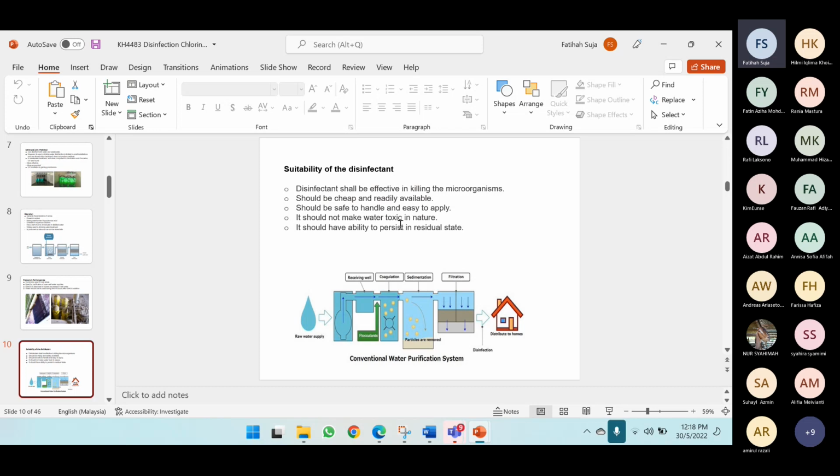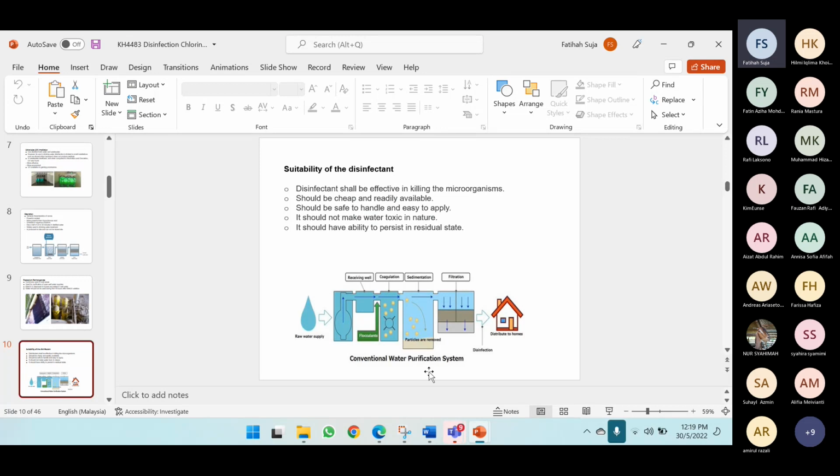It should not make water toxic in nature, like when you are putting metal ions or chemicals, you have to be very careful. It should have the ability to persist in residual state, meaning that the disinfectant that you are putting in your water supply needs to be there for quite a long time, for the time needed for distribution to households, and also when the time comes for the water to be used.